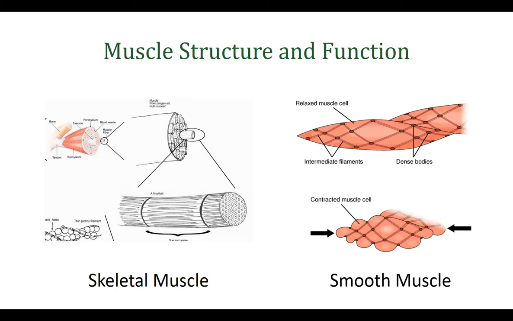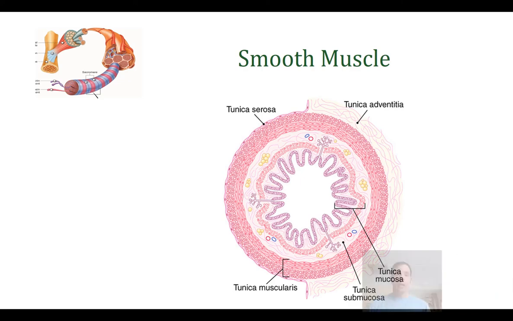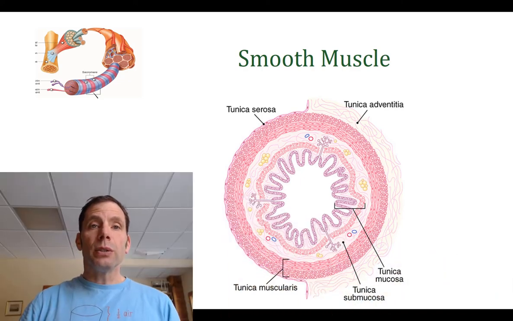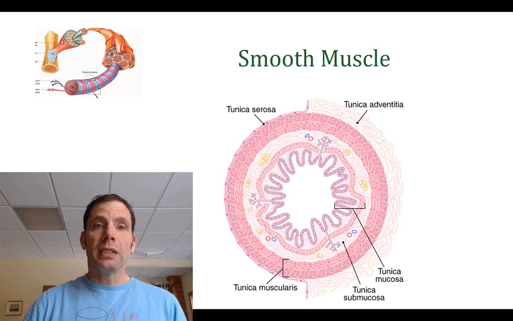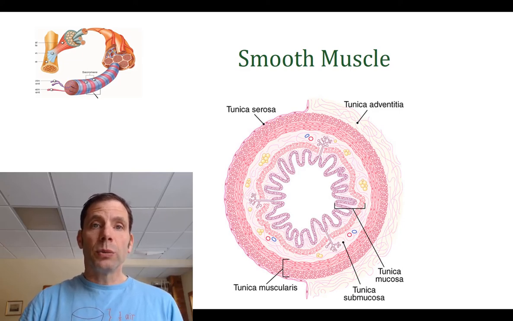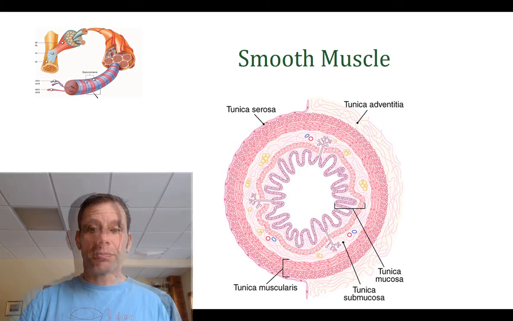So because the molecular framework within a smooth muscle cell differs from skeletal muscle, when the cell is stimulated to contract, the structural changes within any given cell differ from skeletal muscle. But more than that, the tissue structure, the way each of the cells is connected to each other, is different when comparing smooth and skeletal muscle.